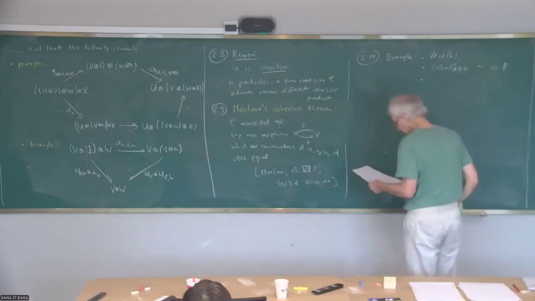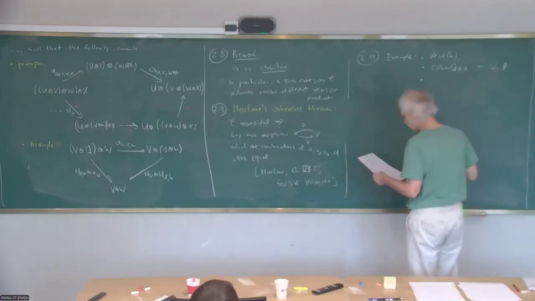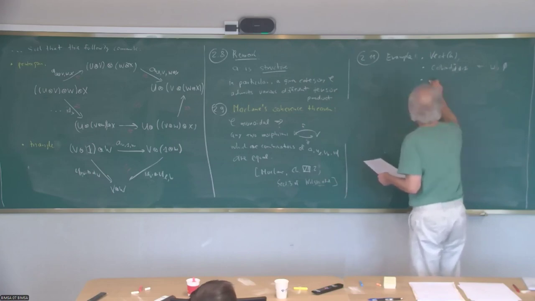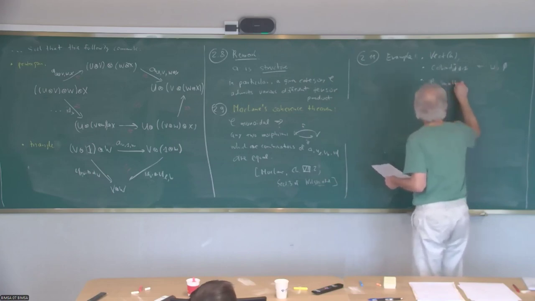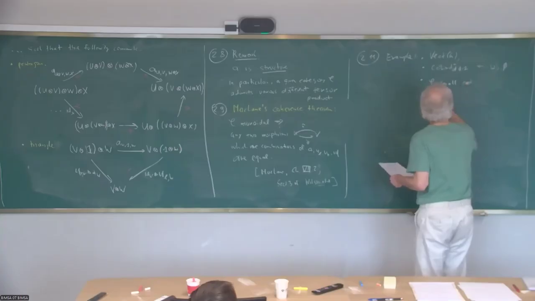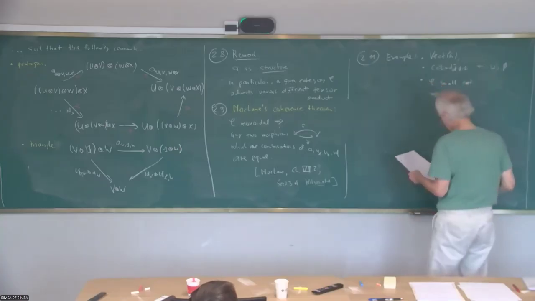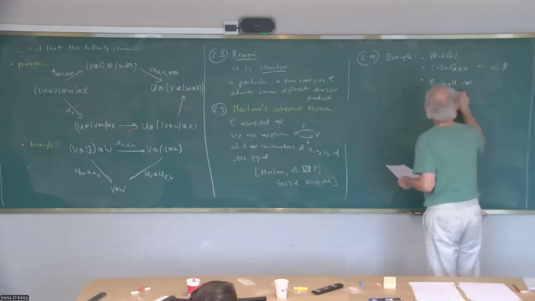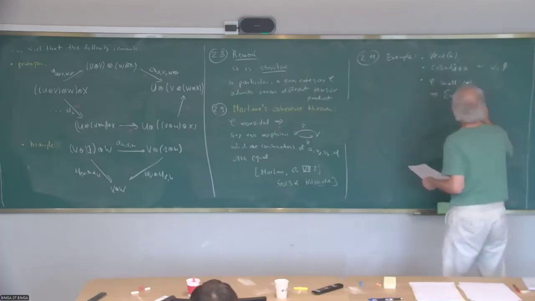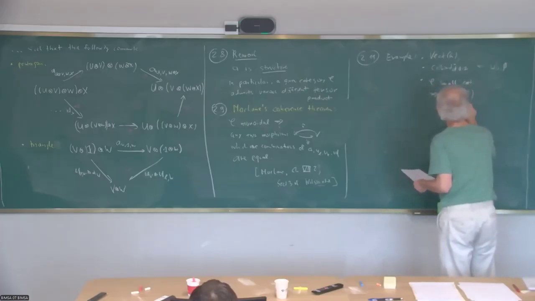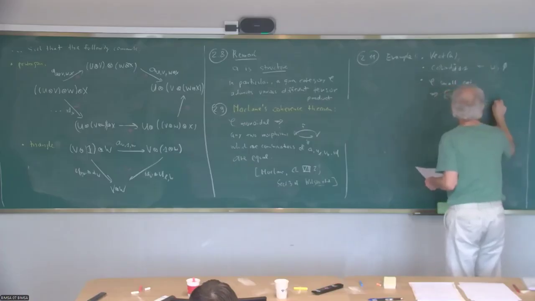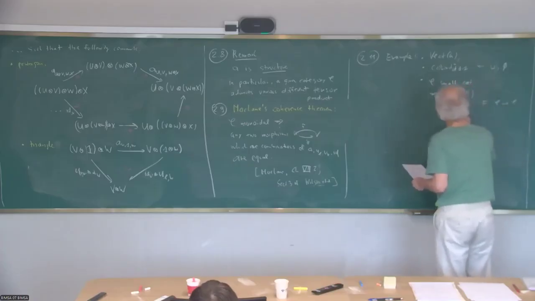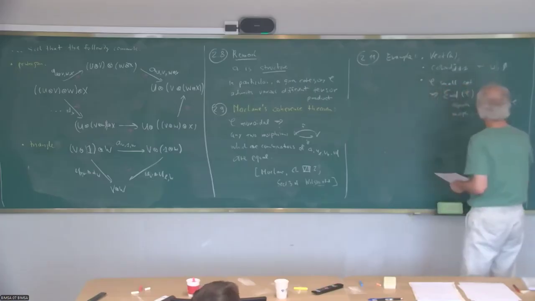Then an example for a strict monoidal category. Let C be a small category. Then you can look at the category End of C, where the objects are endofunctors and the morphisms are natural transformations.